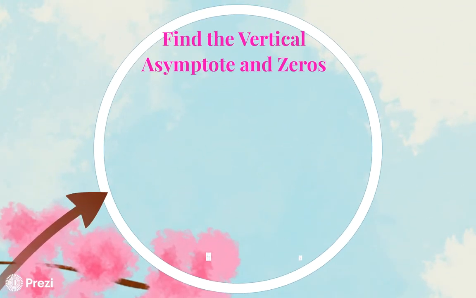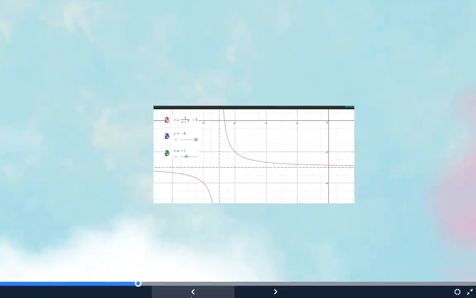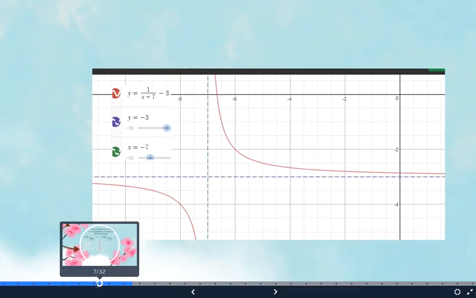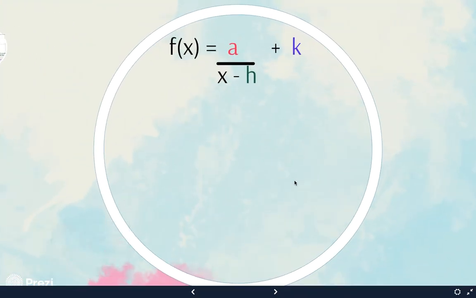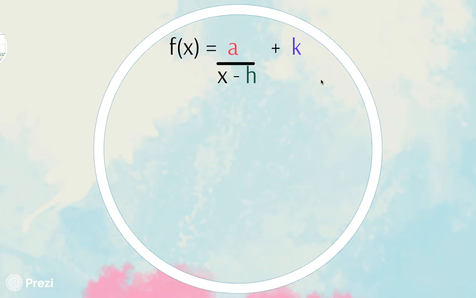Alright, so now we'll be finding vertical asymptotes and zeros for rational functions. But now, we are moving on from transformation notation. What we were working with before, this notation right here, when we're in this format where it's a divided by x minus h plus k, that's when we have transformations.